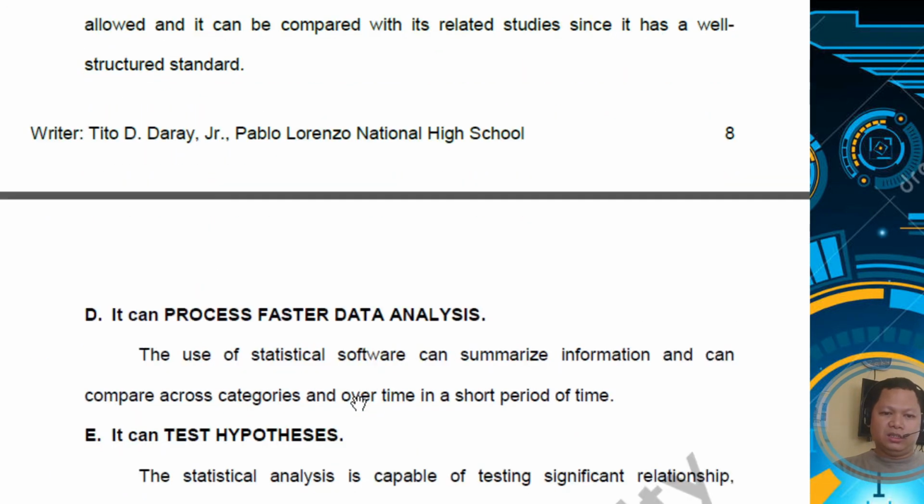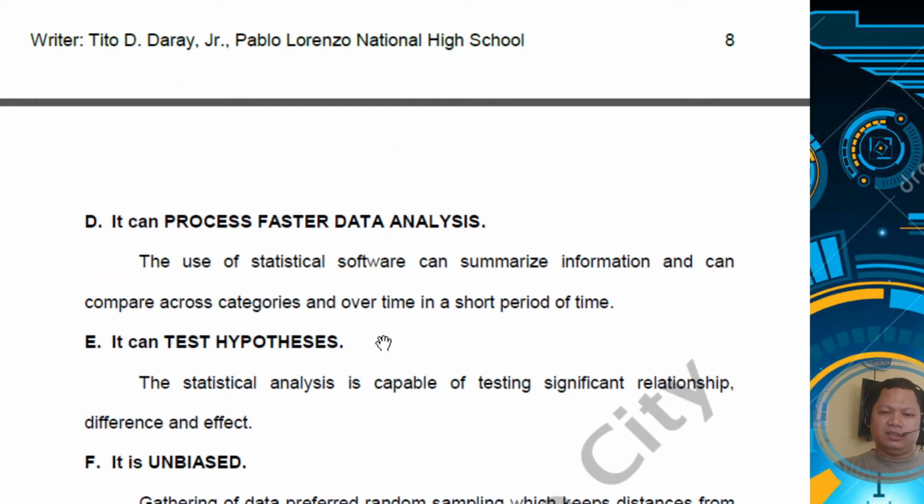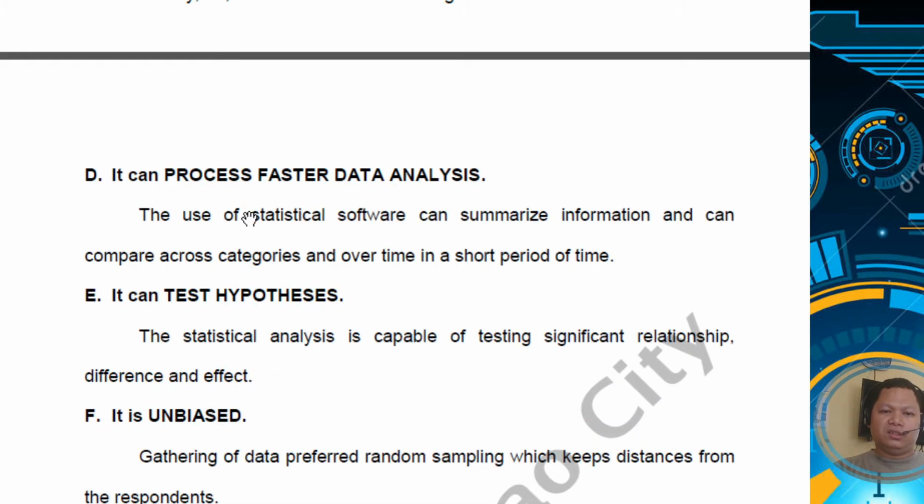Okay, letter D, it can process faster data analysis. This is an advantage of quanti compared to quali, because you have these technical software tools. I think you're familiar with SPSS. Also in Microsoft Excel, it has an add-in tool, the Analysis ToolPak. It can help you analyze large data. So in just one click, it can give you an answer in a matter of minutes.